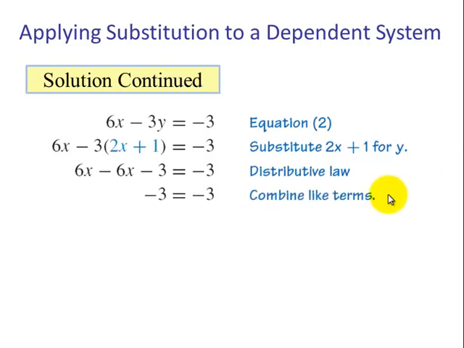Combining like terms, 6x minus 6x is 0x. So we're left with negative 3 equals negative 3. Now this is a true statement, so it doesn't matter what x is, we're always going to have a true statement, negative 3 equals negative 3. Whenever we have a dependent system, we're always going to be left with a true statement.